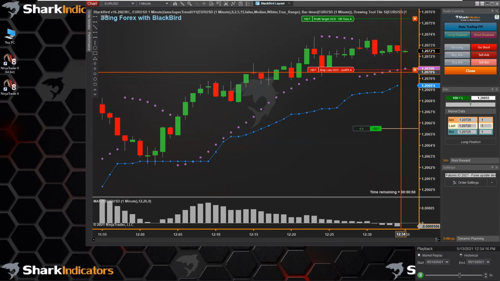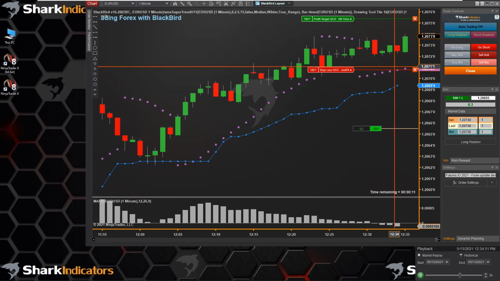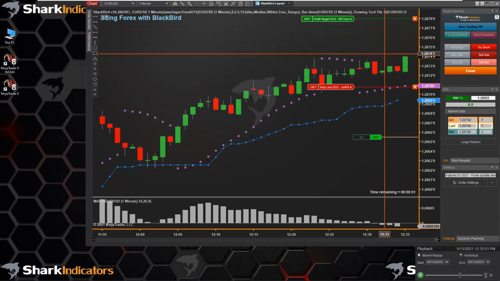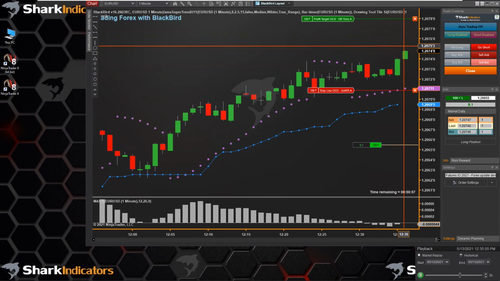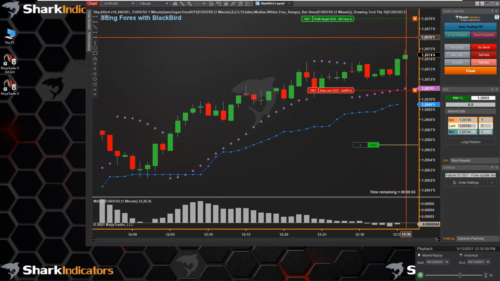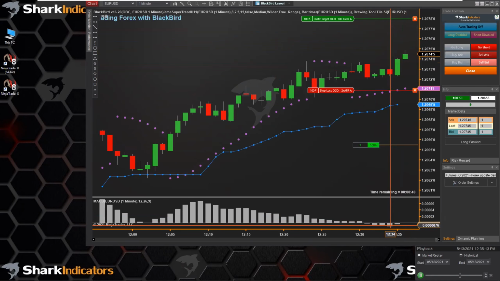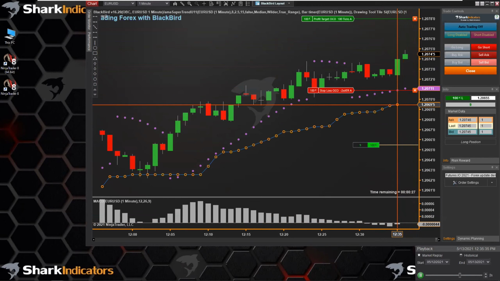Now, also something that I haven't mentioned yet is that if the market continues on, so let's say the market picks up momentum again and continues to move higher, right? And therefore the MACD crosses the 0 line and goes positive again. Well, that's going to switch the trailing rules back to the super trend.